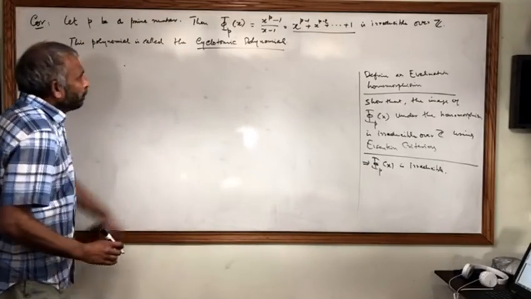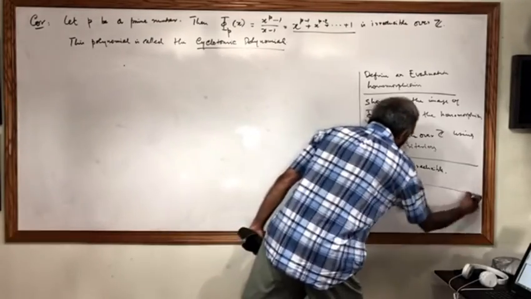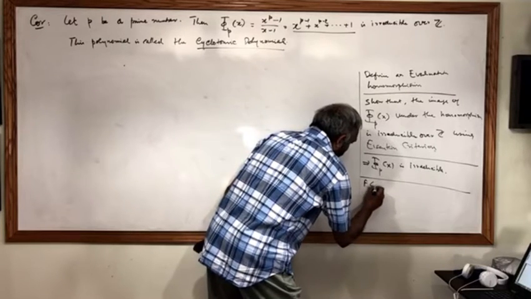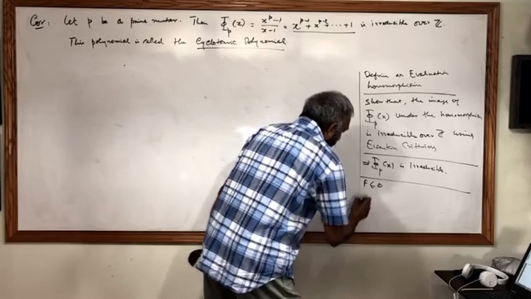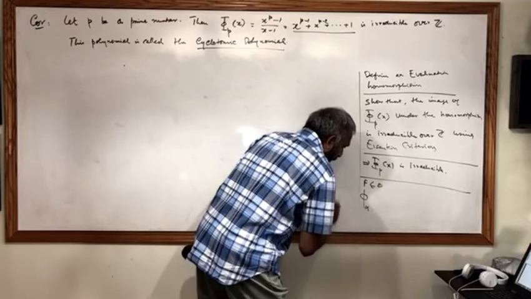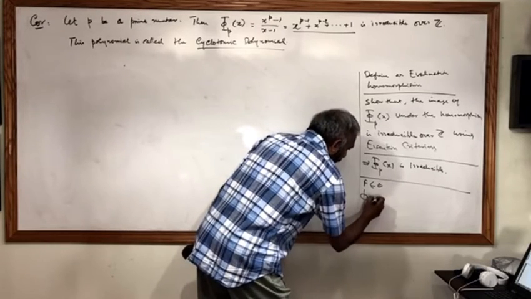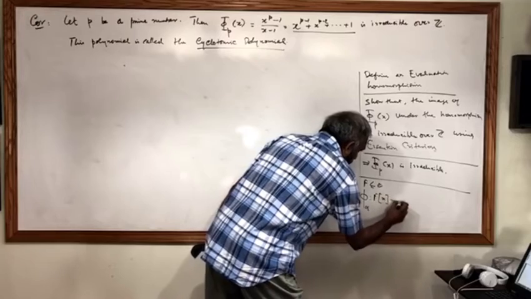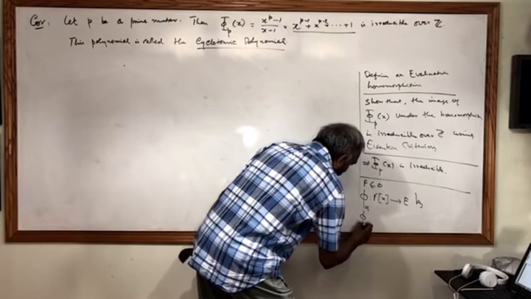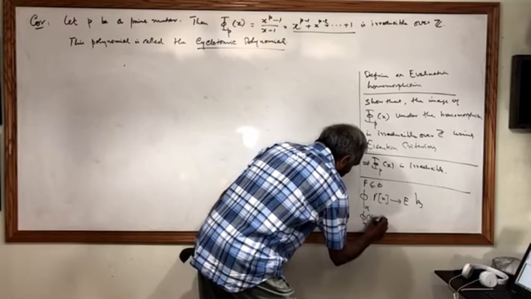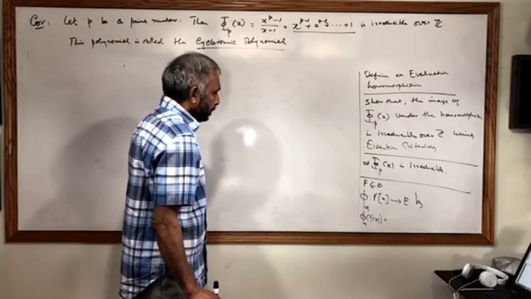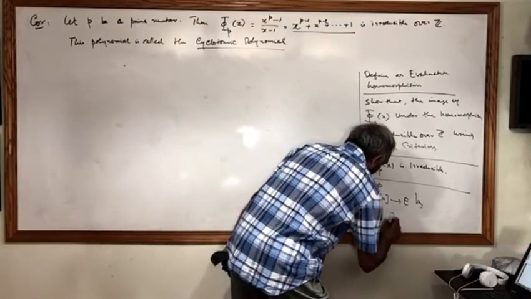Now, how do you define an evaluation map? You normally define an evaluation map like this. Let's say F is a subfield of E, and we are going to define the evaluation map, let's say phi alpha from F[x] to E by phi alpha of f(x) is equal to f(alpha).